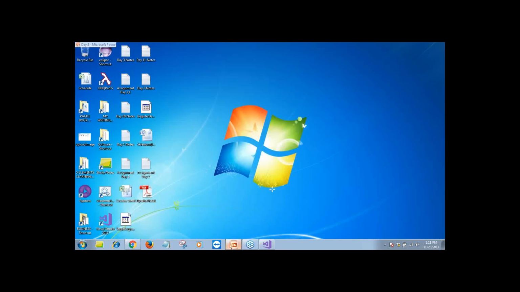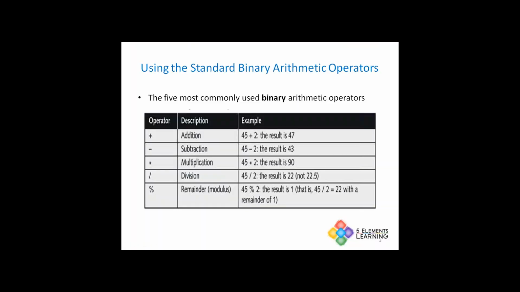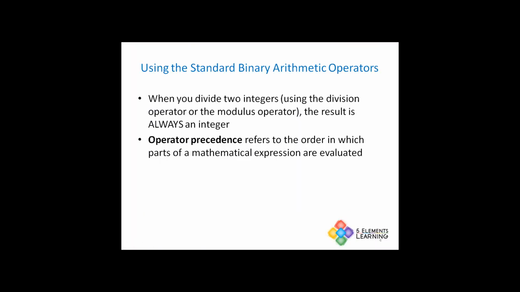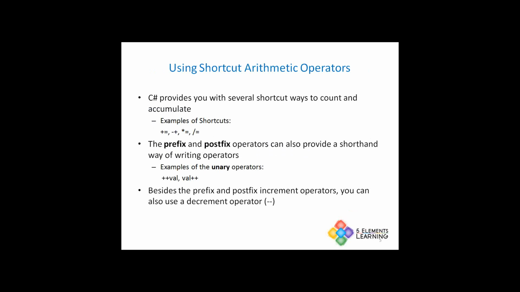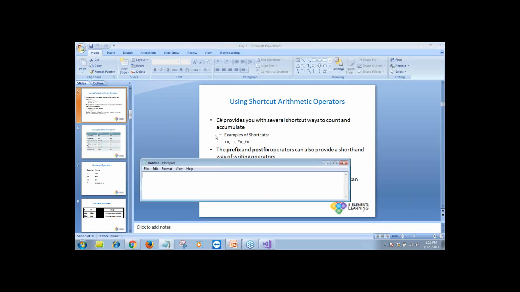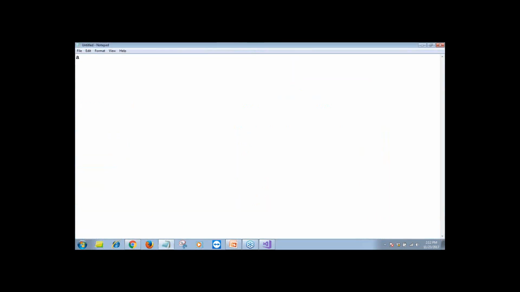Now moving on to the next set of operators which work with the number data type, the shortcut arithmetic operators. These are plus equal to, minus equal to, multiply equal to, divide equal to. It basically performs the operation and updates the original value itself. If I say a plus equal to 10, then this is expanded as a is equal to a plus 10.